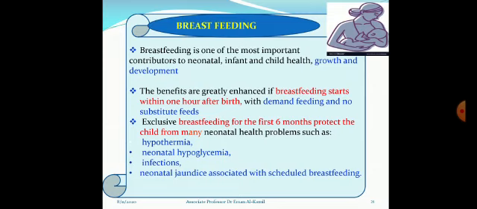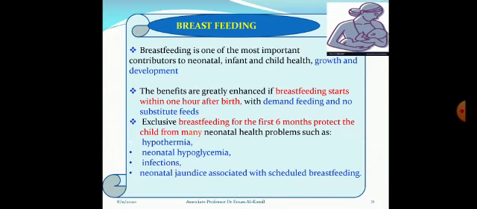Breastfeeding is one of the important elements, so we provide the mother with information about the advantages of breastfeeding and when she should start. Breastfeeding is regarded as the first immunological defense for the baby, to ensure that he has no infections and grows and develops normally.